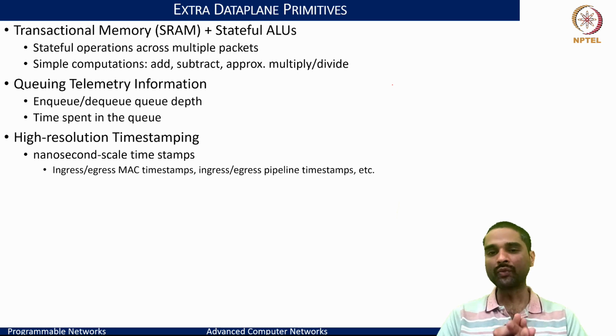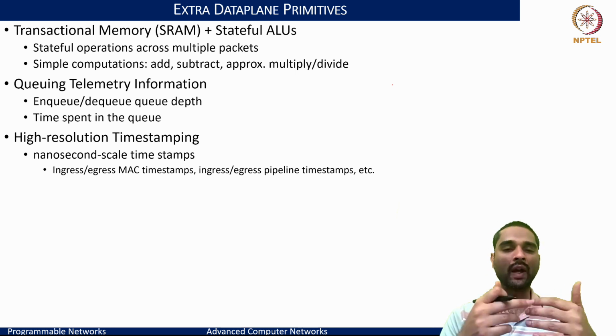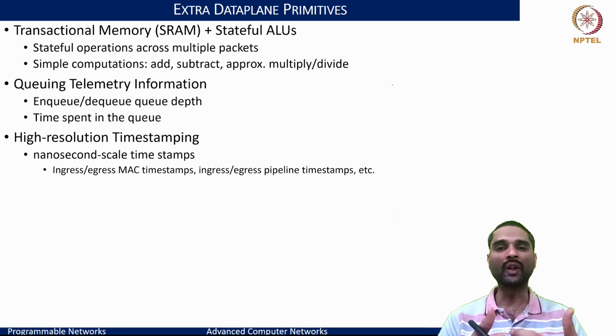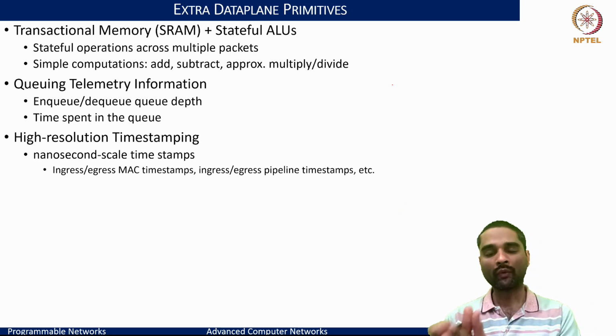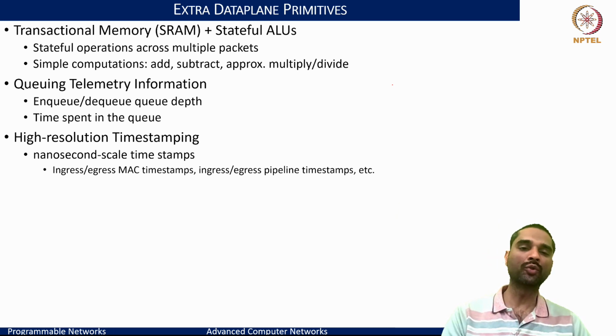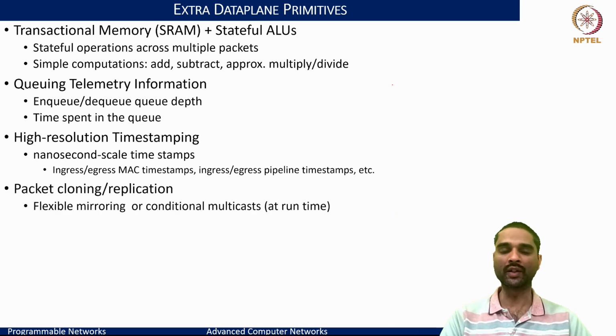And this way we could enhance the functionalities that the data plane primitives otherwise had but did not expose, but which are now exposed for the programmer to utilize and build specific characteristics.